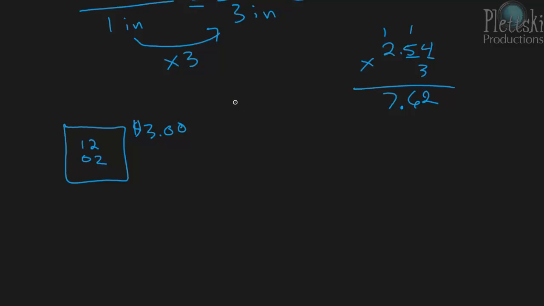And then we have a 20-ounce tub that costs $4. So the question is, which tub is the better buy? So we want to be able to tell which one costs the least per ounce. And we can do that by comparing unit rates.